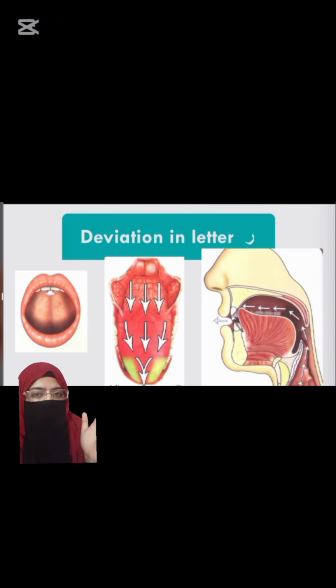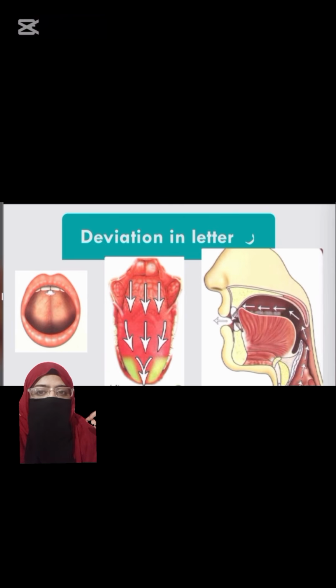If you look at this posture, you know very well what I'm talking about. The tip of the tongue approaches or touches the gum area while the rest of the tongue remains positioned correctly.